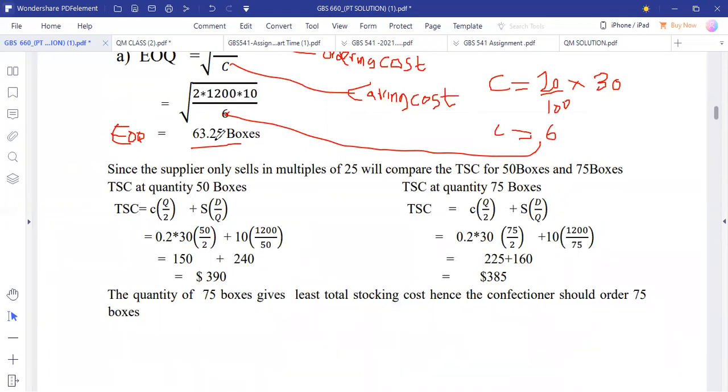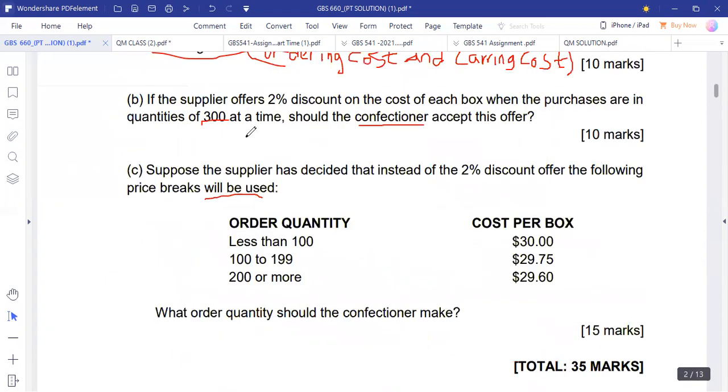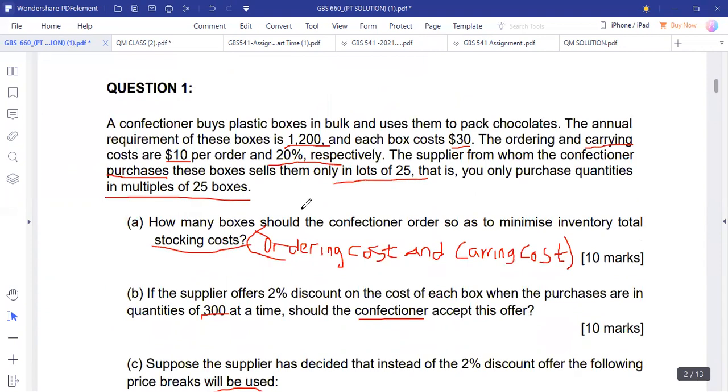Or if we found 50, it would have been okay, because we are just ordering in multiples of 25 boxes. So we cannot order anything less than that. If 25 is not enough, we can't order 30 boxes. No, because we are ordering in multiples of 25. It has been stated here. So this is the reason why we can't go for anything less than that.